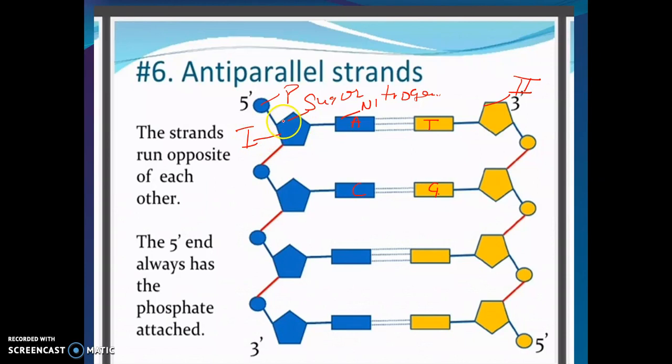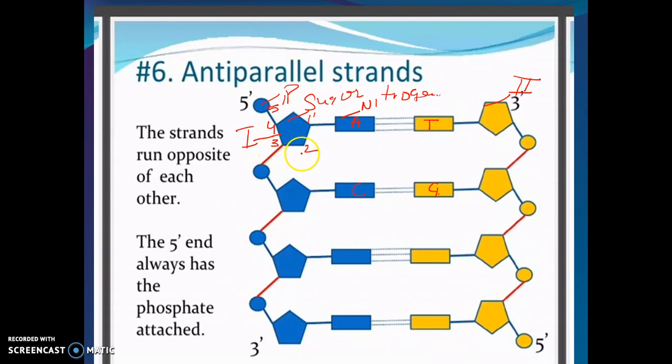Now, there is a position of carbon on these pentose sugars which are called prime. When we start with the carbon position on this sugar, this is 1 prime, 2 prime, 3 prime, 4 prime, and this is 5 prime.